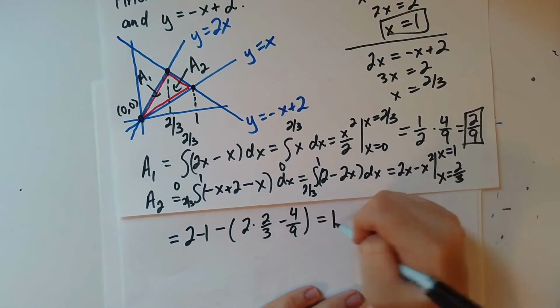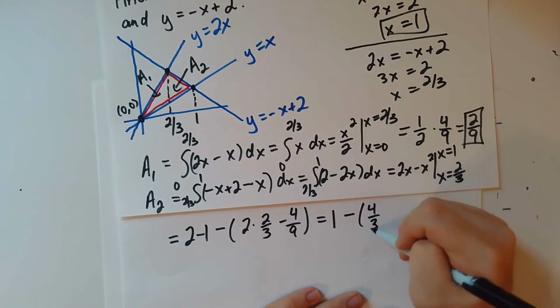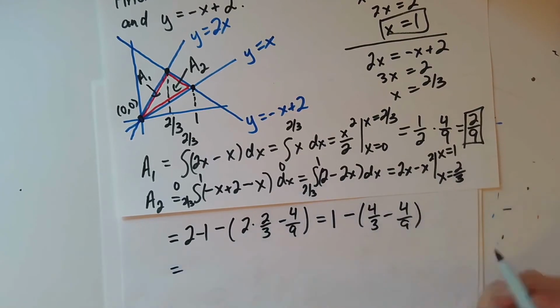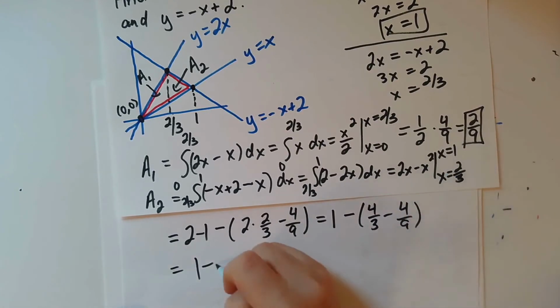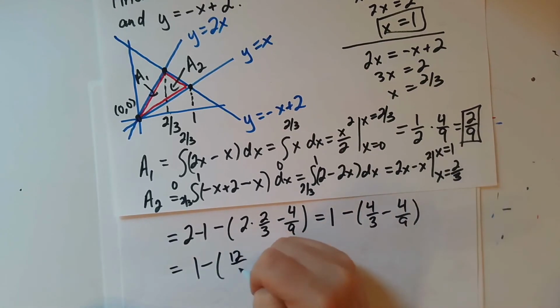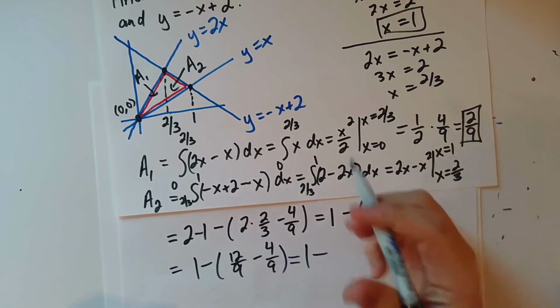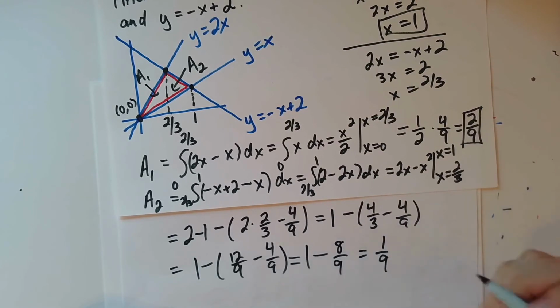And so this is 1 minus, and then this is 4/3 minus 4/9. Okay, so doing a little fraction stuff, this is 1 minus 12/9 minus 4/9. So this is 1 minus 8/9. So this is 1/9 at the end of the day. That was my area 2.